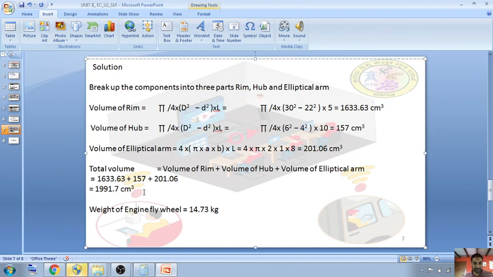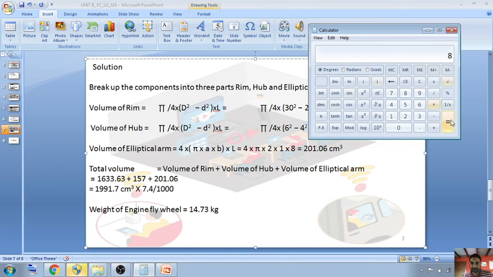So 1991.7 into 7.4 divided by 1000, in order to convert into kg. So 14.73 kg is the total weight of this gear plant.